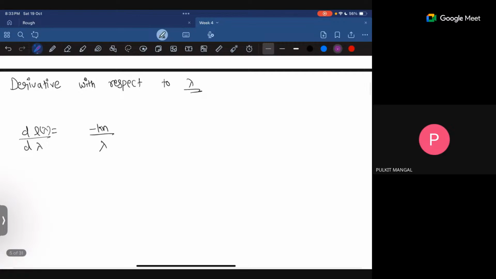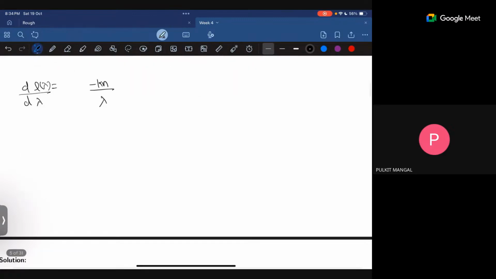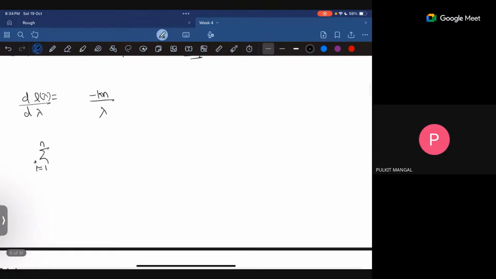Let's say the term is summation i equal to 1 to n xi by lambda power k. So first I can write it as summation from i equal to 1 of xi power k by lambda power k.